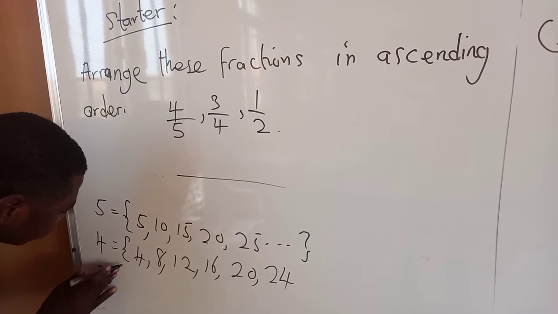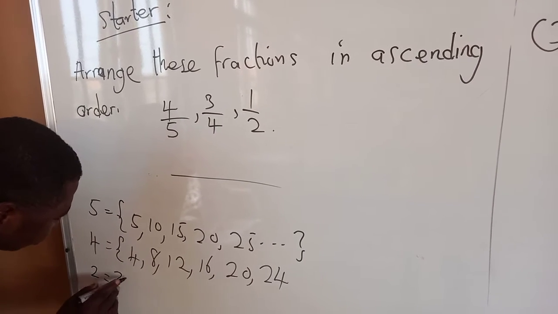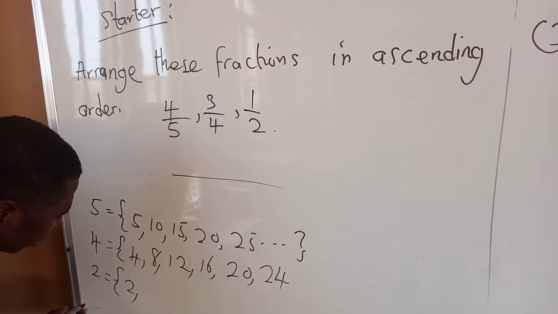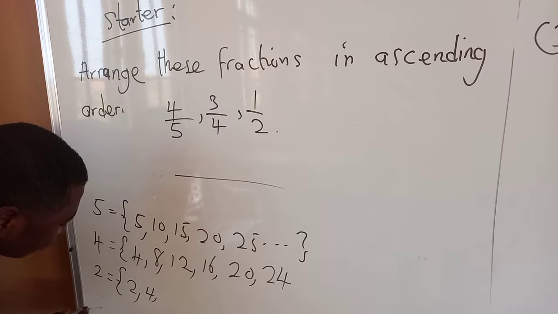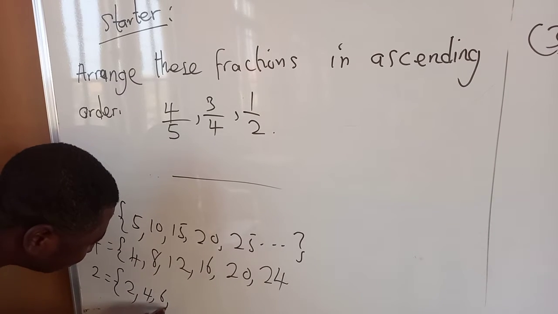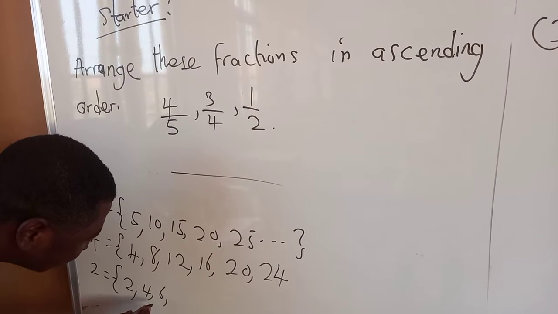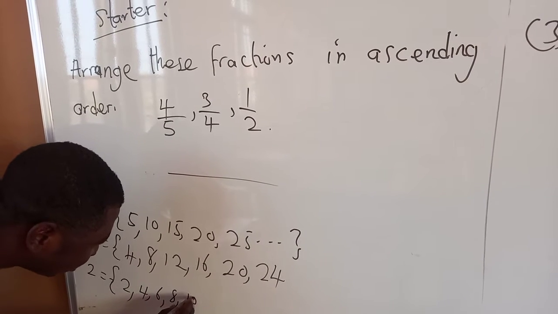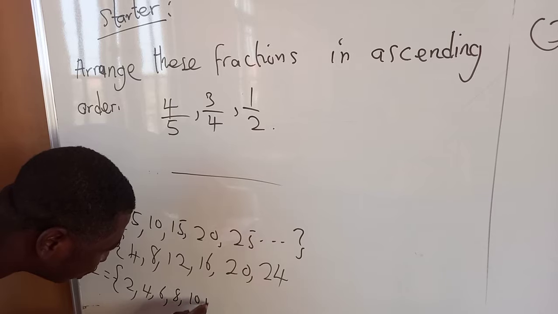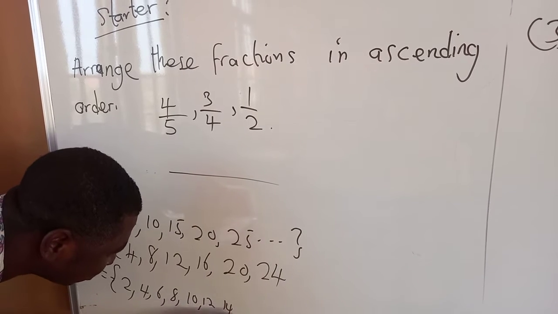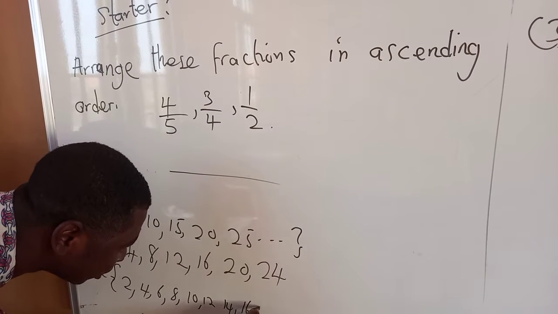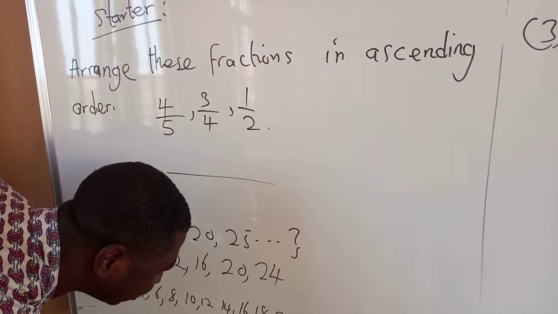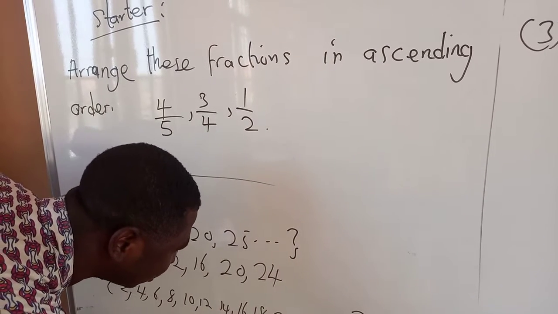Then multiples of 2: 2, 4, 6, 8, 10, 12, 14, 16, 18, 20, 22, and we continue down.